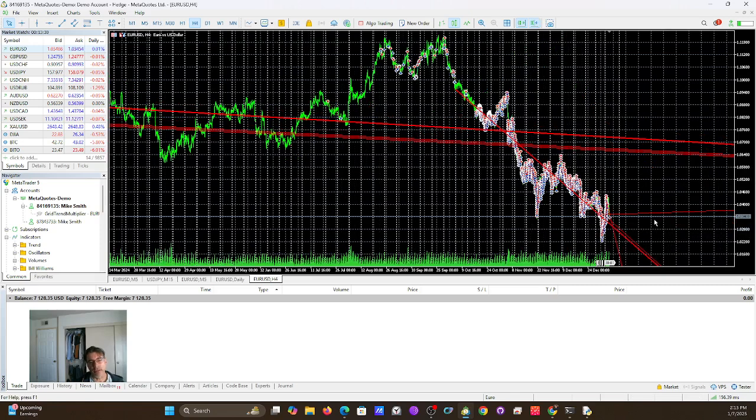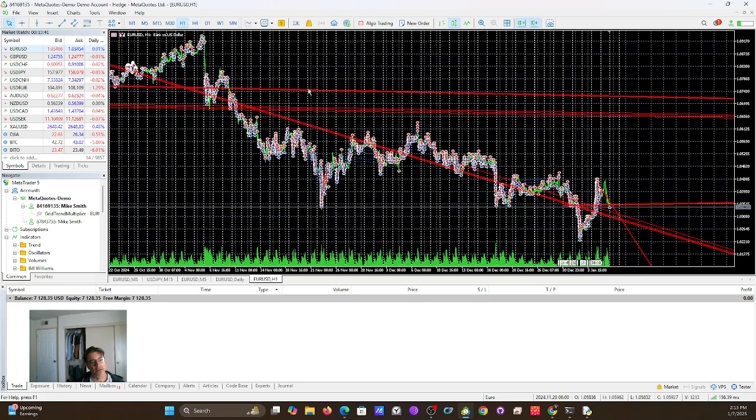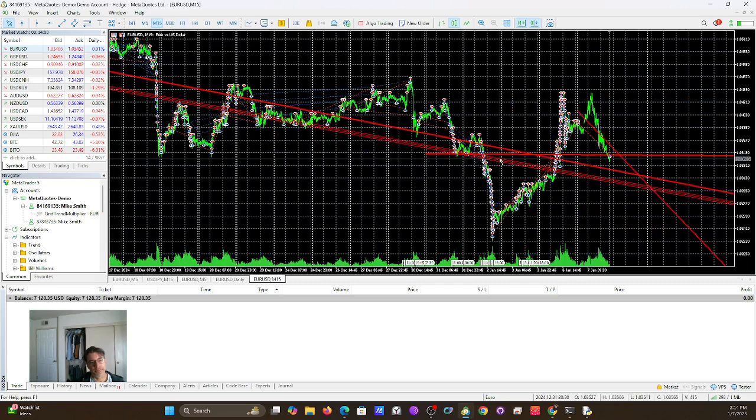Okay, so here's the projection range. In the midterm, we've got it right in the middle of this projection range. If we zoom in more, you can see this longer term resistance here, and price is currently being attracted to this shorter term downtrend channel.